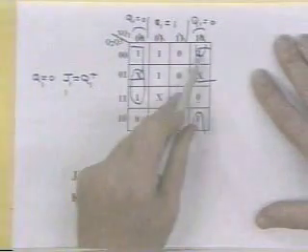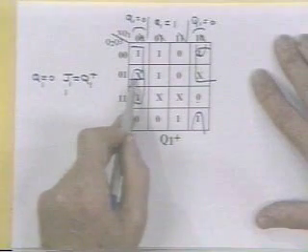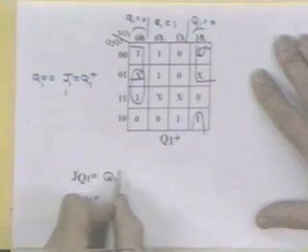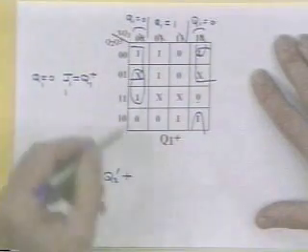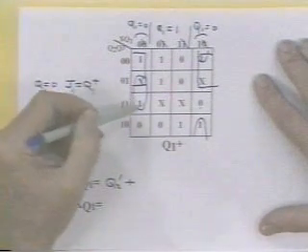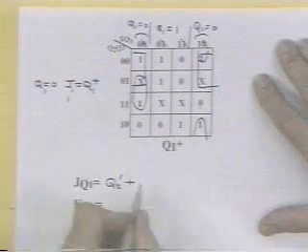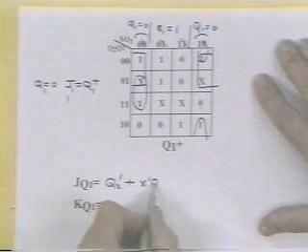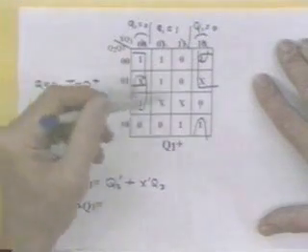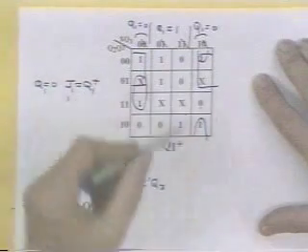So what's left here, we've eliminated X, and going for the top 2 rows, we eliminate Q3 and just leave Q2 prime. Plus, the next term here, this loop here is X prime Q3, and then this loop here would be X Q3 prime.